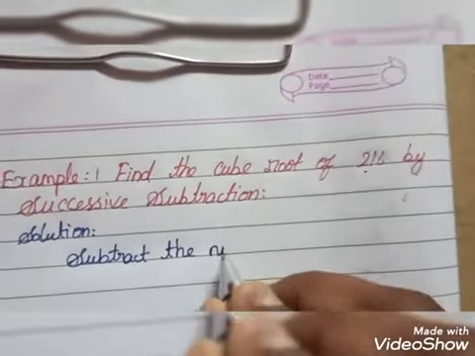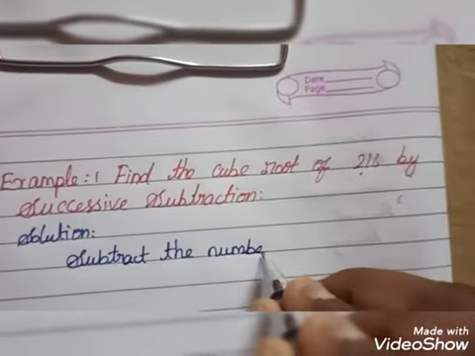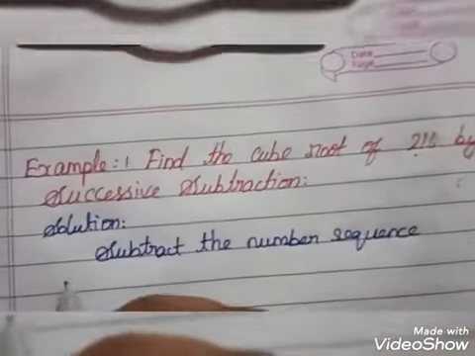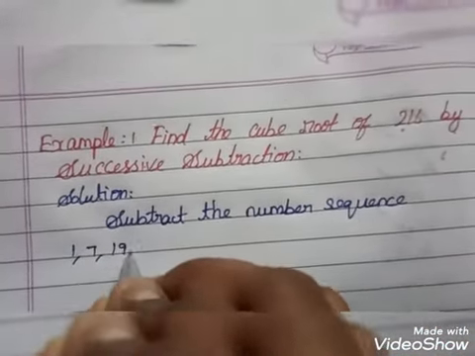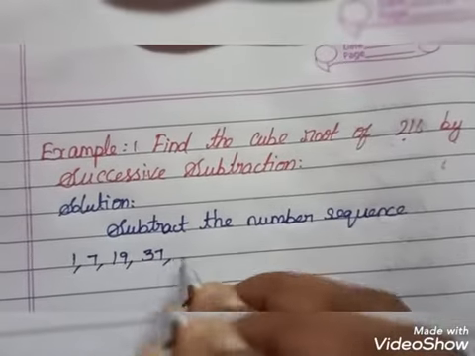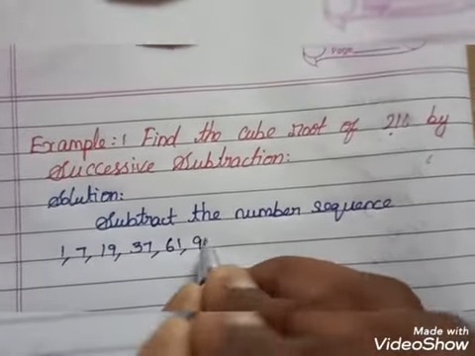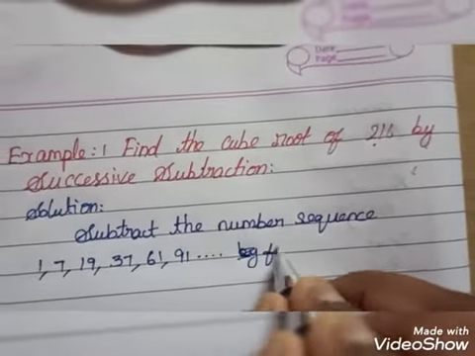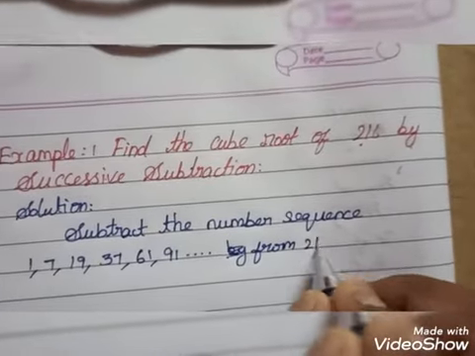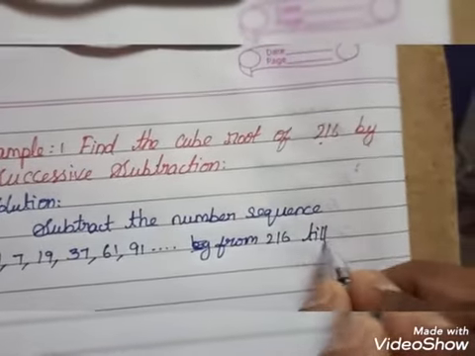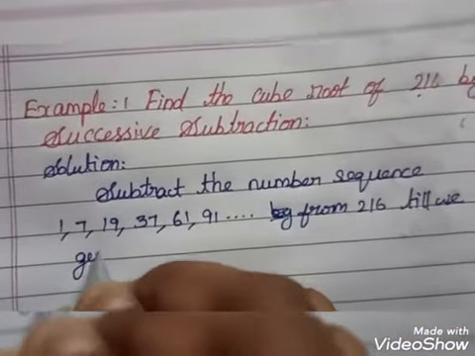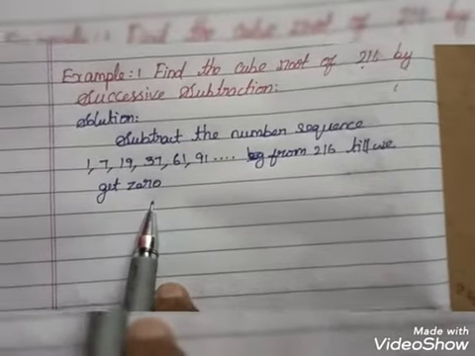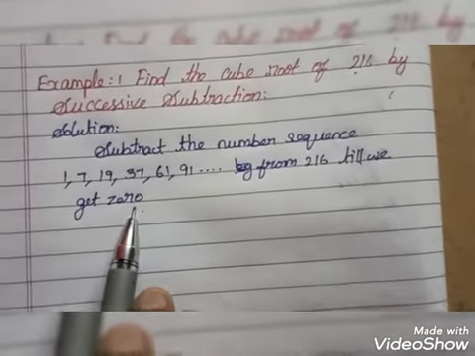Subtract the number sequence 1, 7, 19, 37, 61, 91, etc. from 216 till we get 0. So first you need to write this sentence for all the questions.